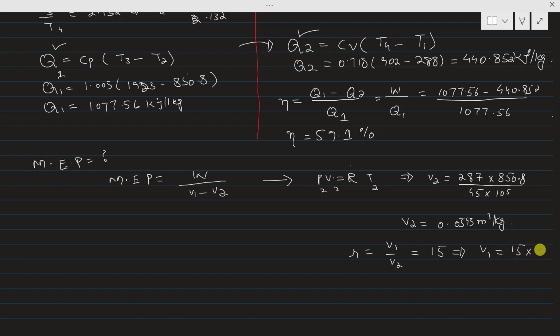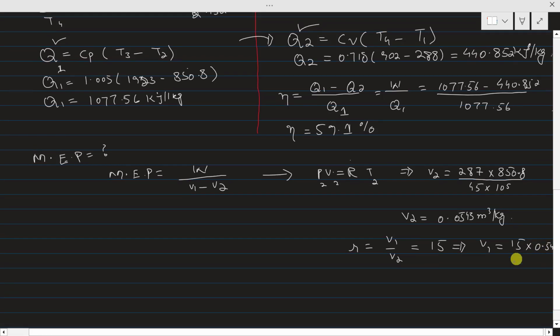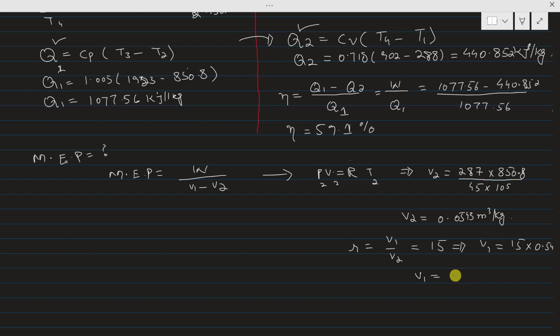What is V2? That is 0.0543. So after multiplication, you will get V1, that is 0.8139 meter cube per kg.